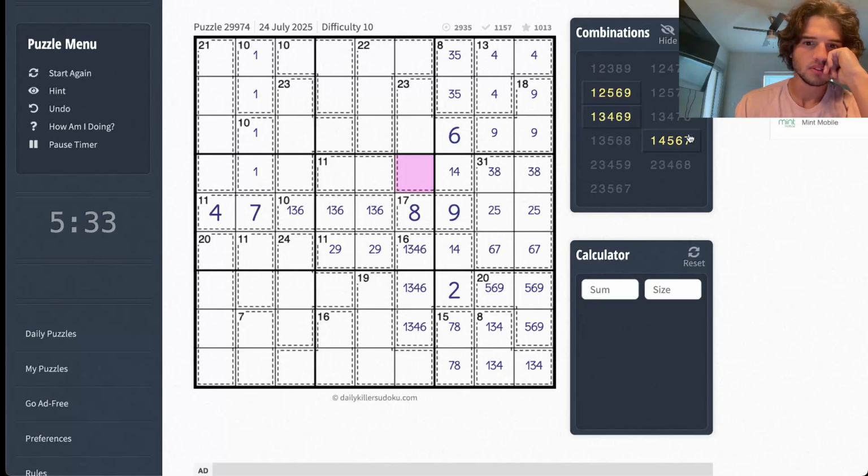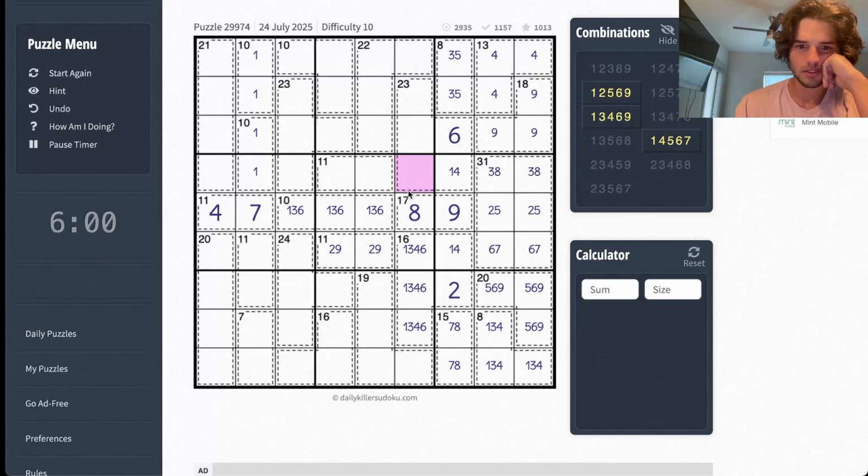So 1, 4, 5, and 7 here. What's missing from here that we haven't marked? 2, 9, 3, so 4, 7, or 5, 6. 7 and 5.